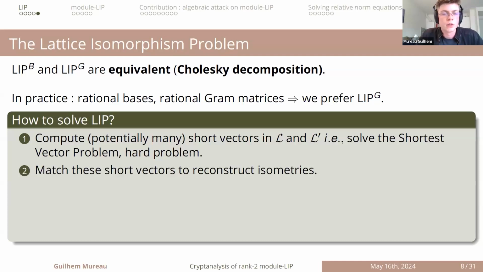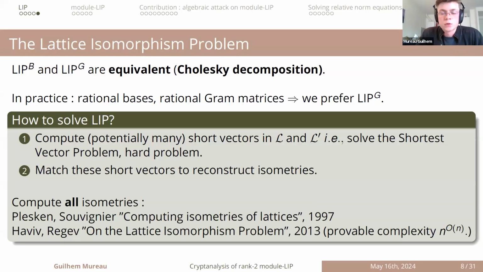And then you will try to match these vectors to reconstruct isometries, because you know that an isometry preserves the norm. So given two vectors of the same length in both lattices, you will try to map them. It will give equations, and you can reconstruct the isometry this way. So this allows you to compute all isometries.